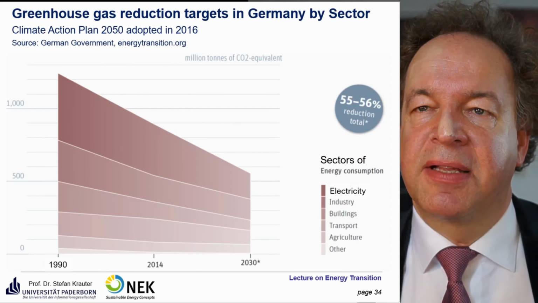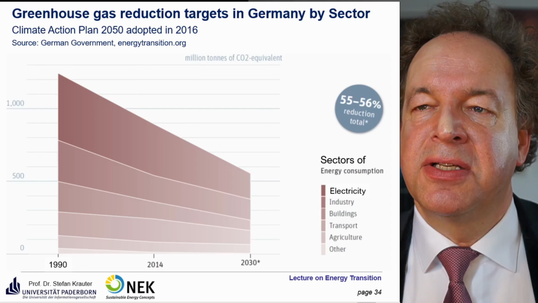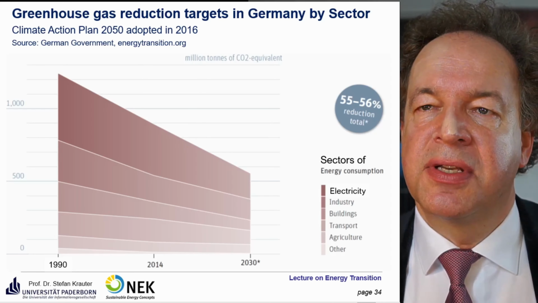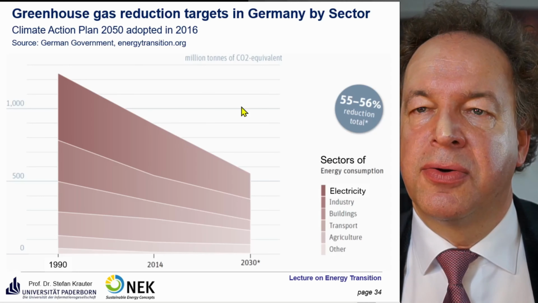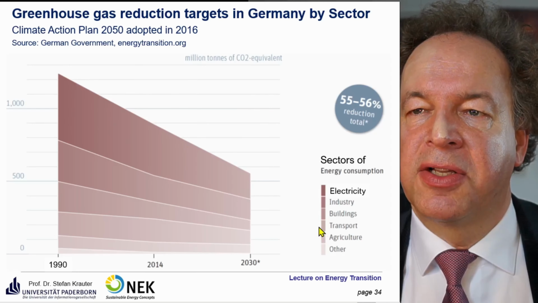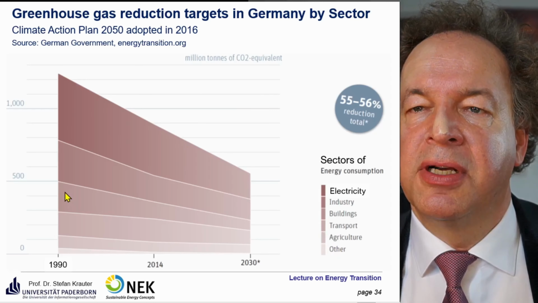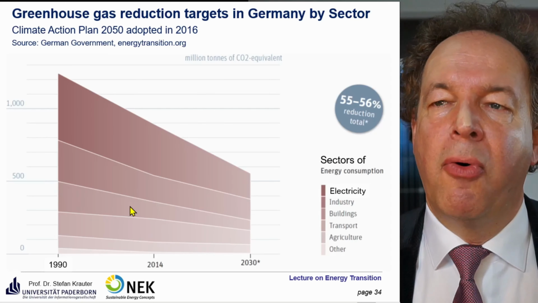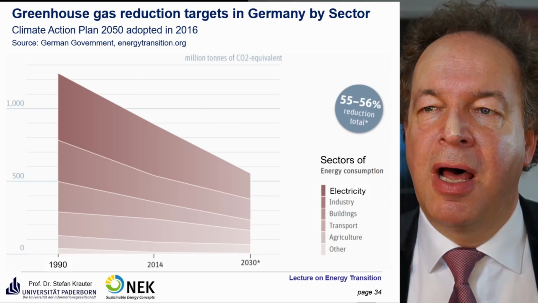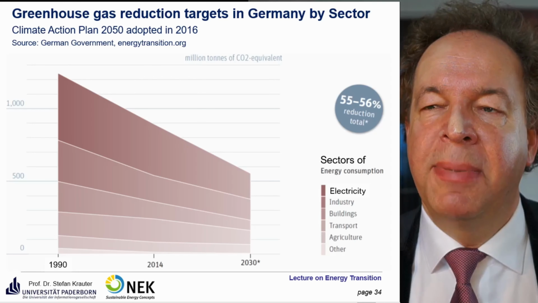So this is the expectation or the plan of the Ministry of Energy to reduce the carbon dioxide emissions by the different sectors. As you see here, the largest part is electricity. Transport has to do more. It didn't happen a lot. The cars became more fuel efficient, but on the other hand, people are buying more and especially bigger cars.